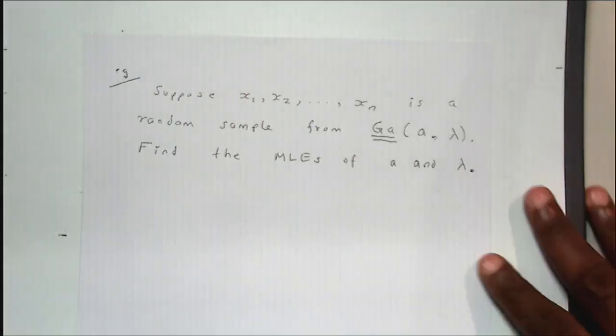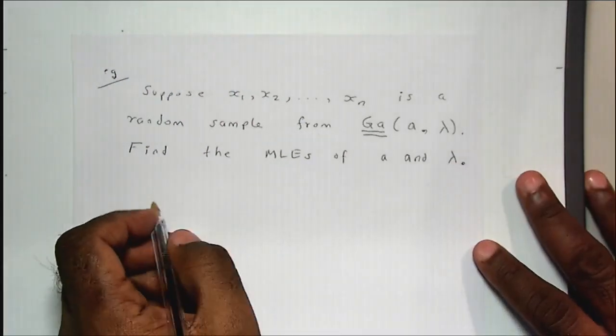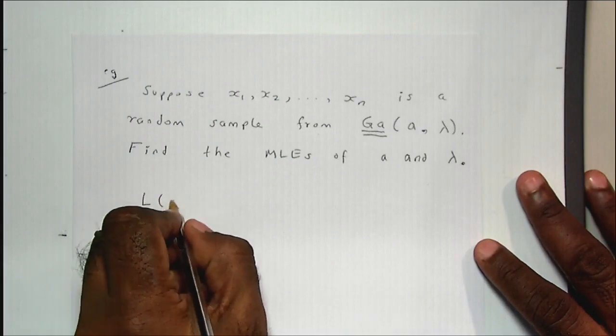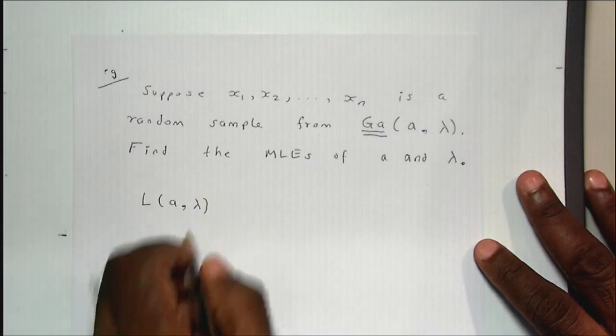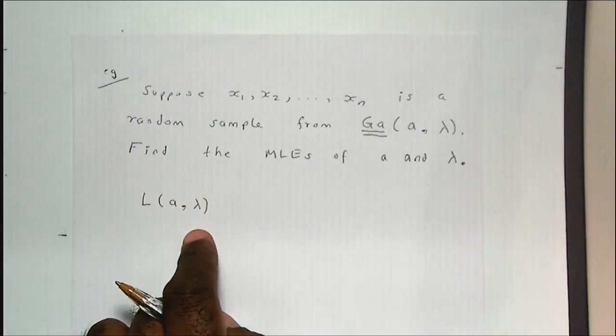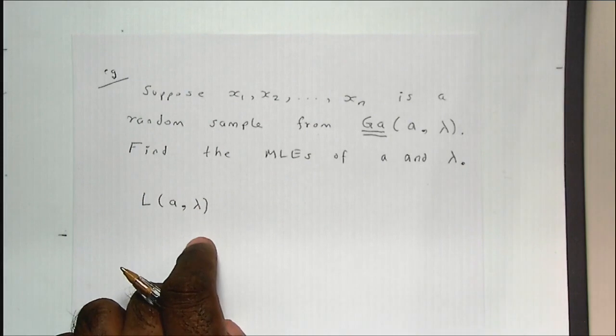Yeah. Right. The first thing you need to do is to write down the likelihood function, which in this case involves two parameters, A and lambda.